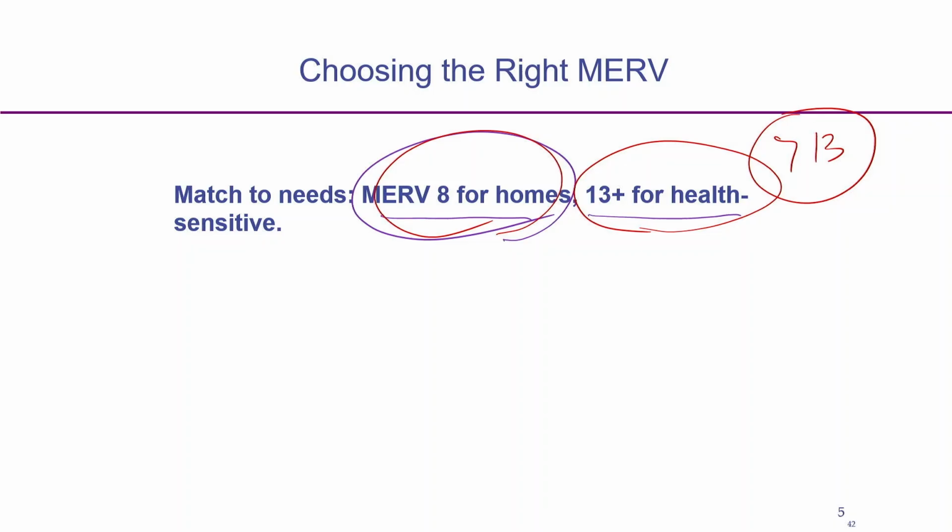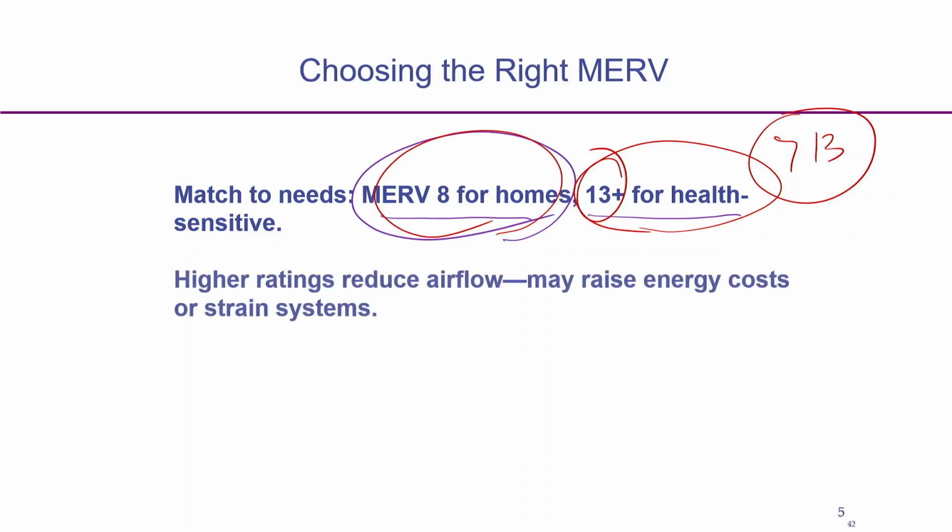In a hospital where we need airflow, air conditioning, we cannot go for a very high rating; MERV 13 will be useful. So, depending on the airflow rate we have to decide.